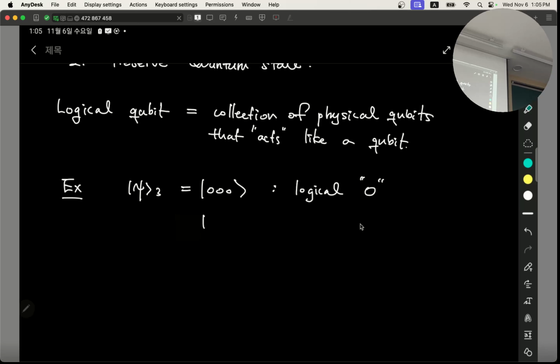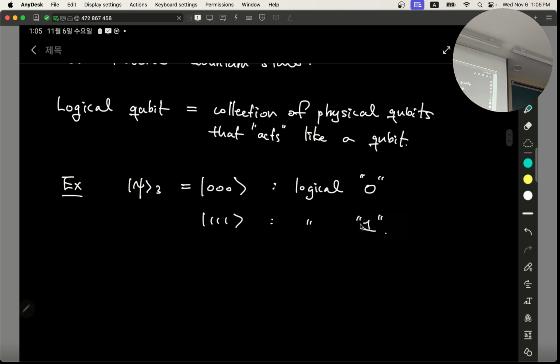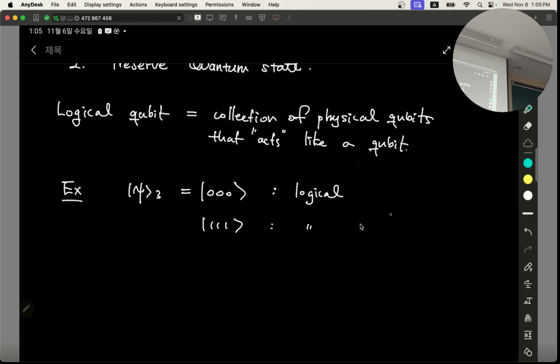And if it's 1 1 1, we call it logical 1. So logical 0 and logical 1 mean the 0 qubit and the 1 qubit.